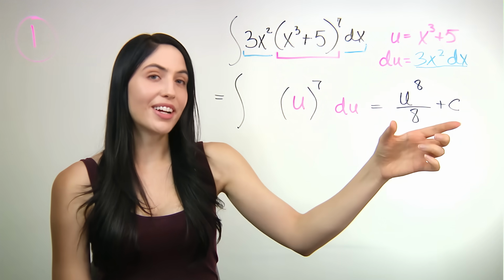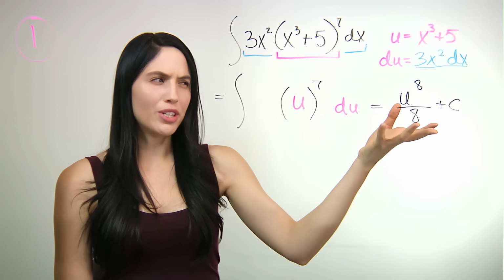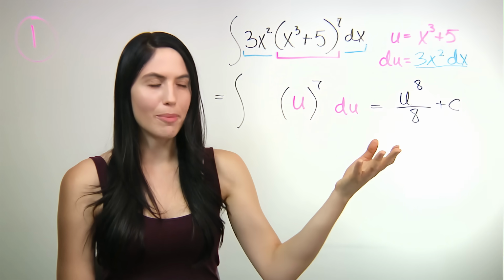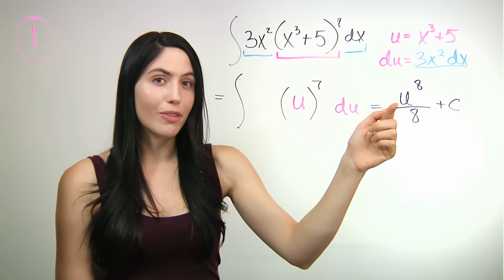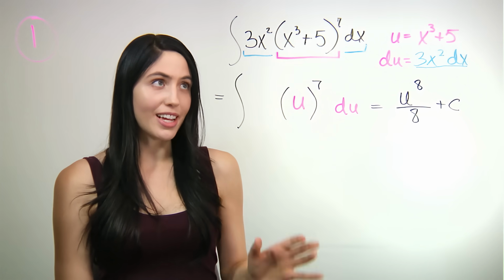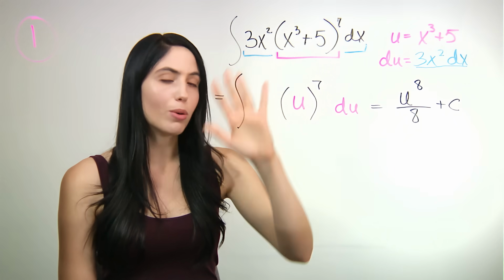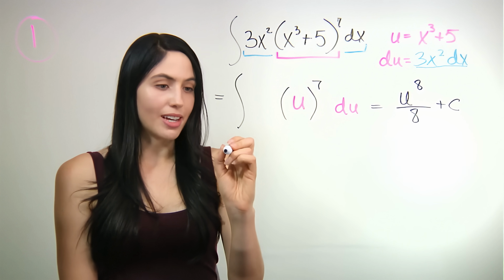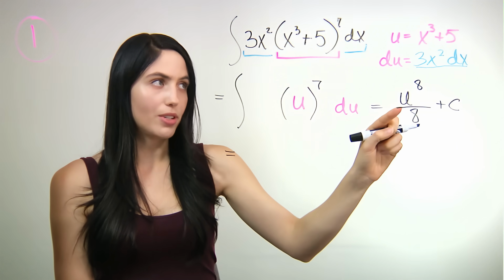Now, you've integrated, you've evaluated that integral, but what you were originally given was in terms of x, not u. So there's another step where you have to back substitute and plug in for what u originally was. Notice that your U-substitution made it very easy to integrate. That was the whole point of substituting. But now in this final step, in place of u, you want to back substitute.